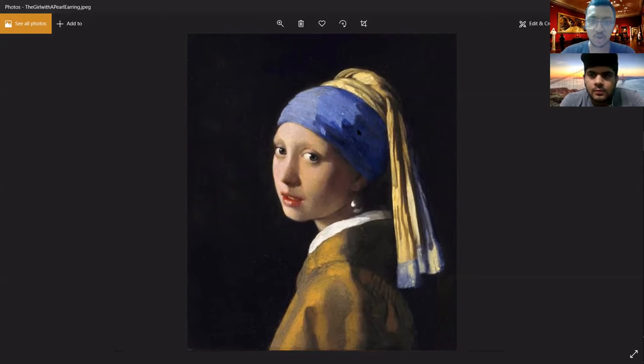In the book, he says that the lady in the picture might be the maid, and the writer felt that she looked like a maid.